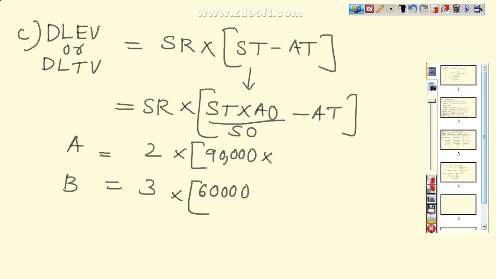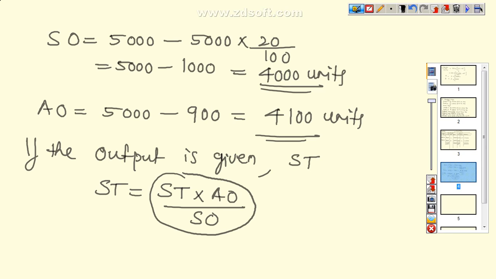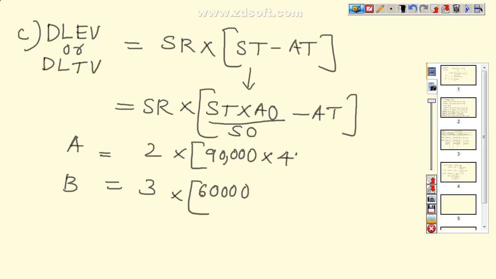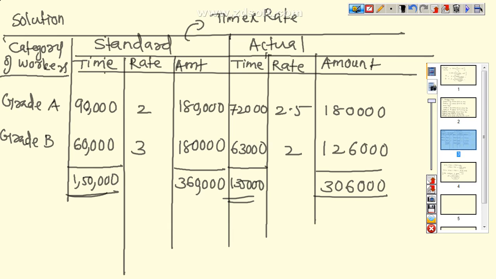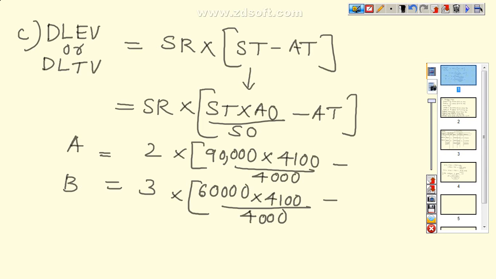We have calculated actual output is equal to 4,100 and standard output is 4,000. So we write it here 4,100 upon 4,000. Here also 4,100 upon 4,000 minus actual time, according to the question actual time is equal to 72 and 63.